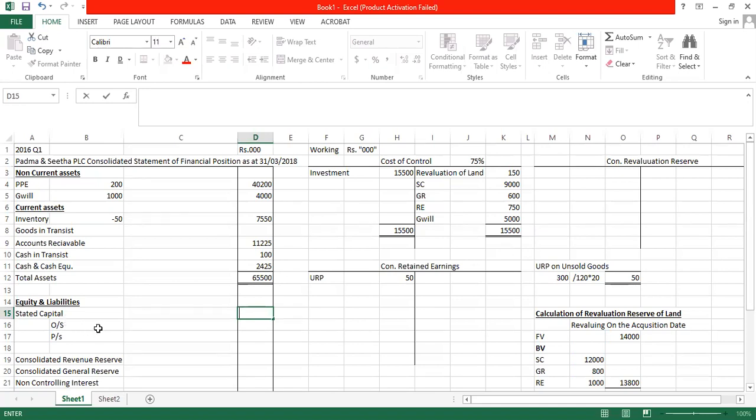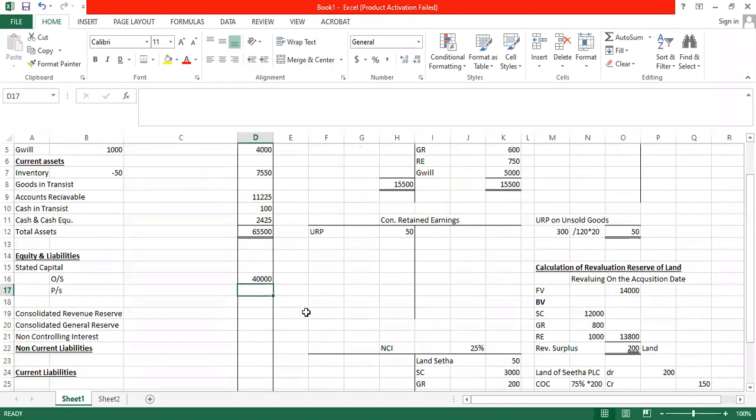So under the ordinary shares, we will take that 40,000 only, because that 12,000 is already credited to cost of control and non-controlling interest here. So you can't add it again. So ordinary shares only here 40,000.